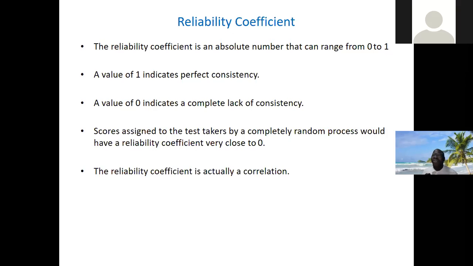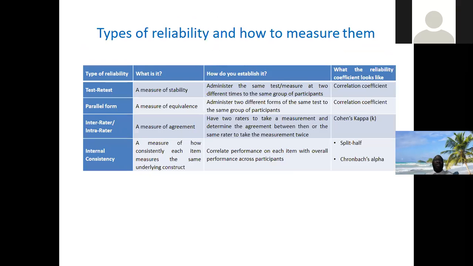Reliability cannot be negative. So this one is from 0 to 1. A value of 1 indicates perfect consistency. A value of 0 indicates a complete lack of consistency. So scores assigned to the test taker by a completely random process will have a reliability coefficient very close to 0.